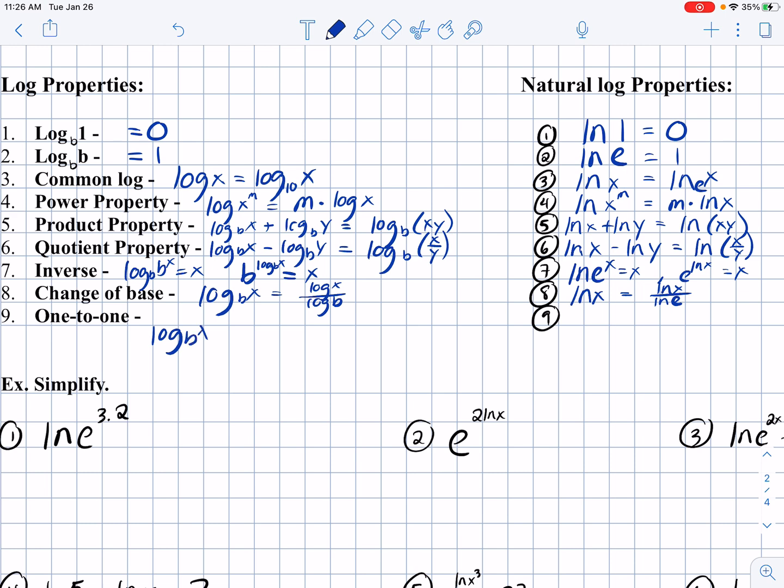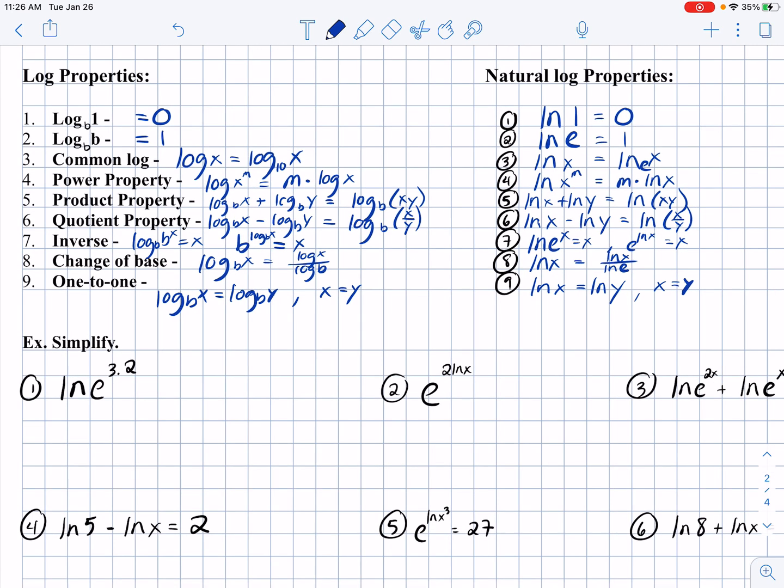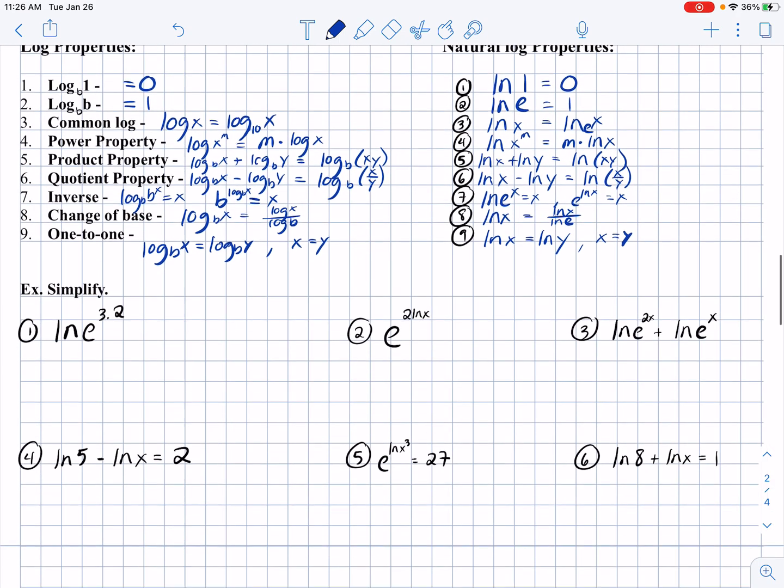If we have the log of x with the base b equaling the log of y with the base b, well, then x and y have to equal each other. x has to equal y in order for that equation to be the same. So if we have the natural log of x equaling the natural log of y, then x would have to equal y. Okay, a lot of properties. You've seen these before. We're just using them with natural logs now. So let's practice a few of these.